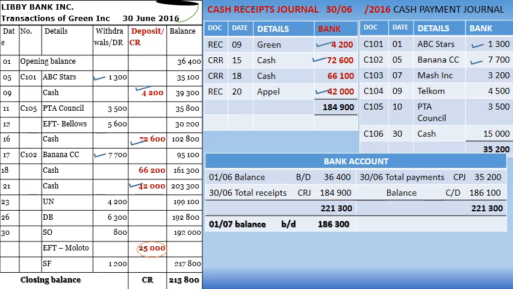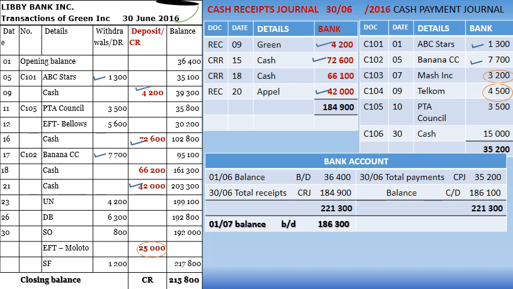Check 103, amount 3,200, will be traced on the statement and it's not reflecting, therefore the amount will be put in a circle. Check 104, amount 4,500, will be traced on the bank statement and it's not appearing, the amount will be put in a circle. Check 105, amount 3,500.